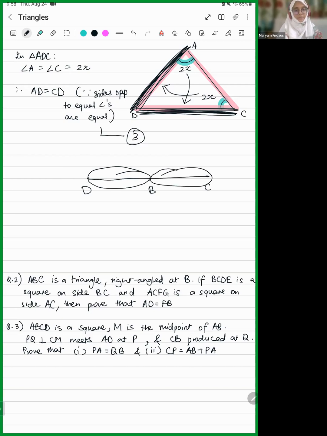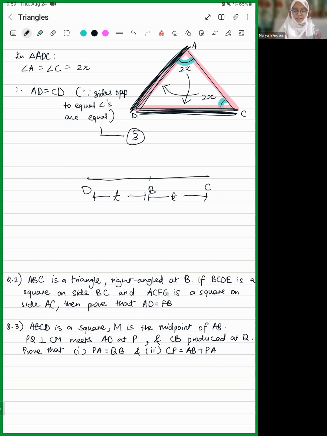Let's call this length small t. From here to here, it is small t. From here to here, it will also be small t because we constructed it so that they are both equal. So they are both equal to t.